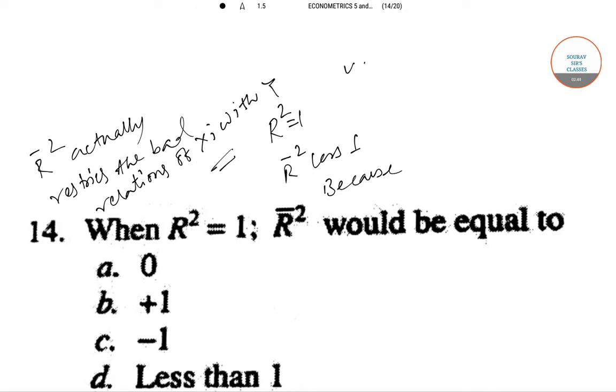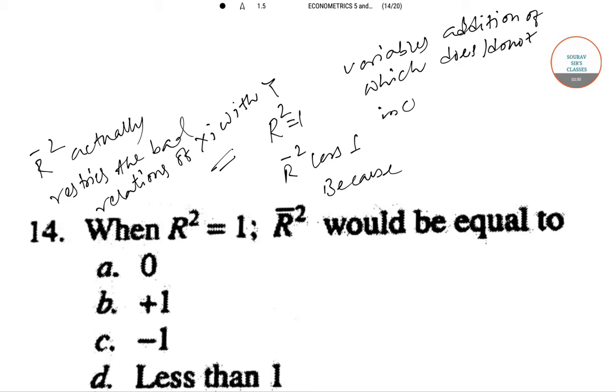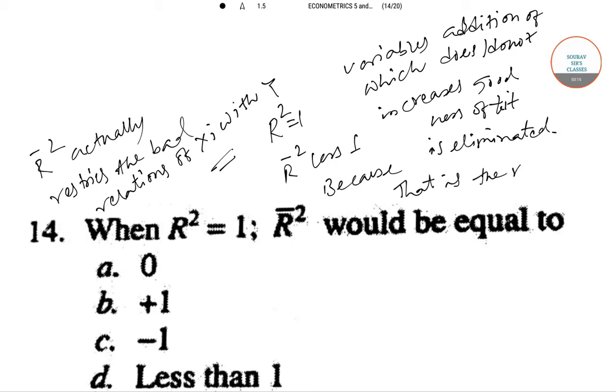So variables whose addition does not increase the goodness of fit are eliminated, and that is the reason R bar square is less than 1.